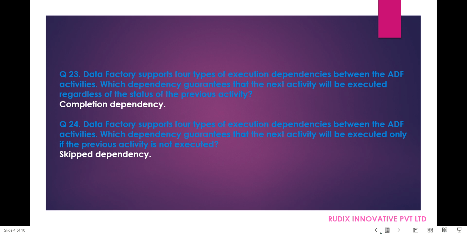It ensures that the next activity will be executed only when the previous activity is skipped or not executed. Then we use the skipped dependency.